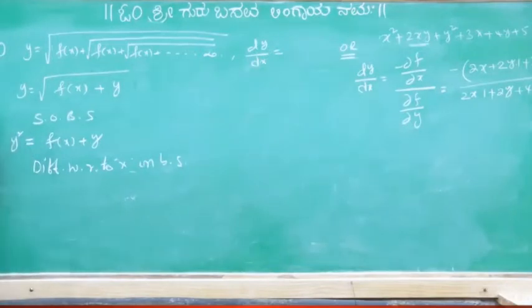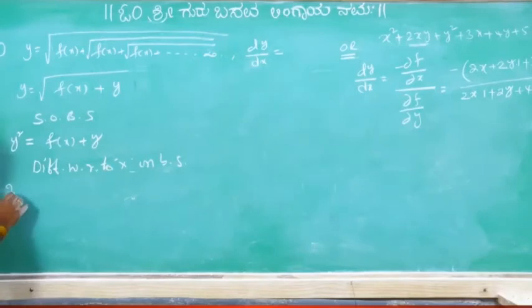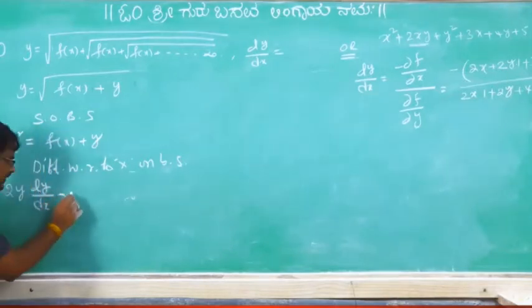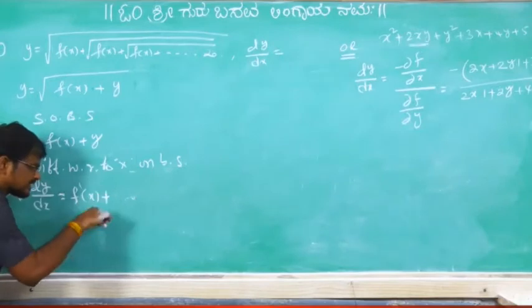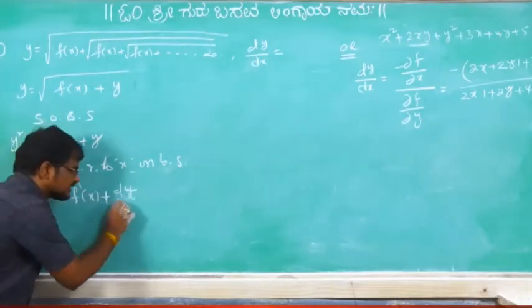Differentiation of y square with respect to x is 2y dy by dx, equal to f dash of x plus differentiation of y, dy by dx.